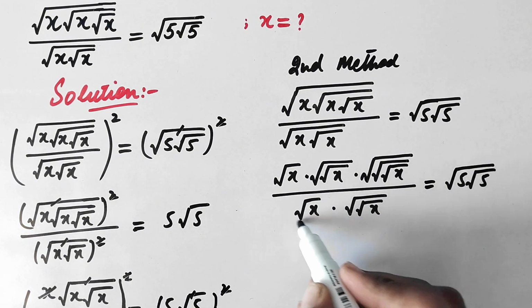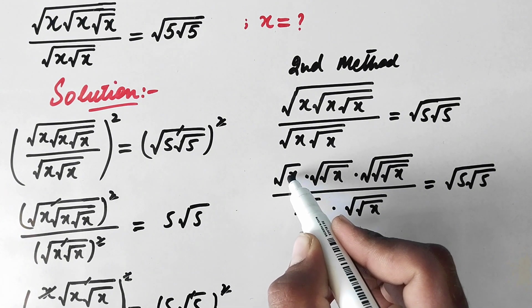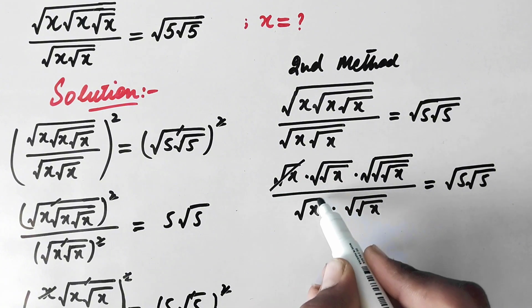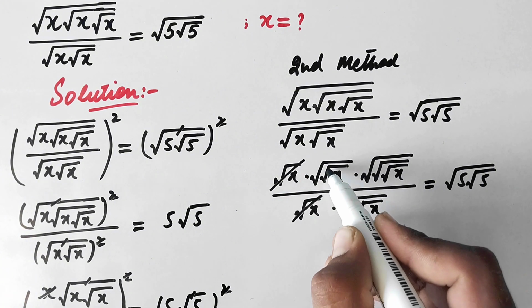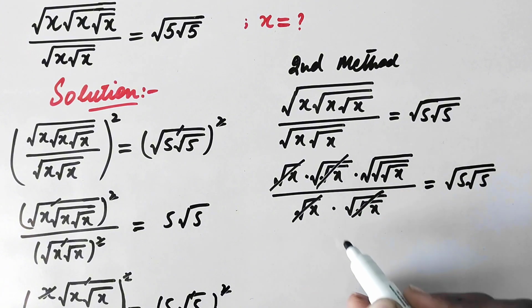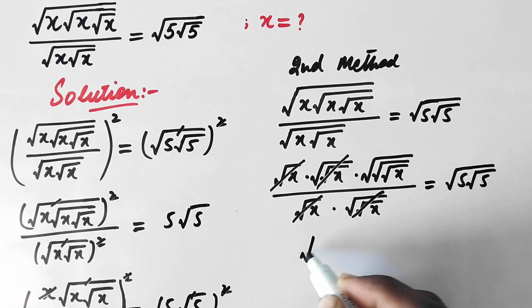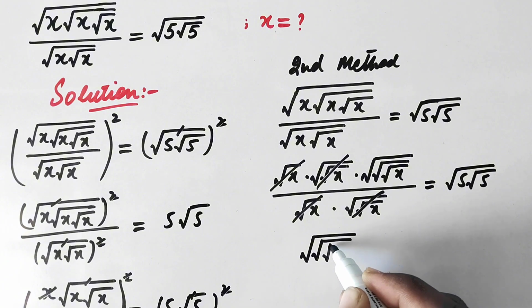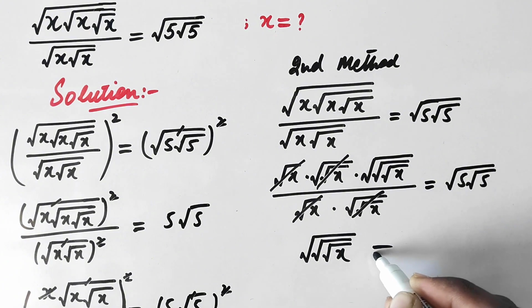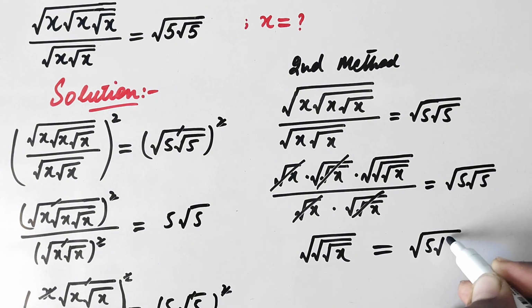So here this term square root of x is same as this term square root of x. So they will cancel out each other, and this term and this term also are same. So they will also cancel out each other, and now here we are left with square root of square root of x is equal to square root of 5 times square root of 5.